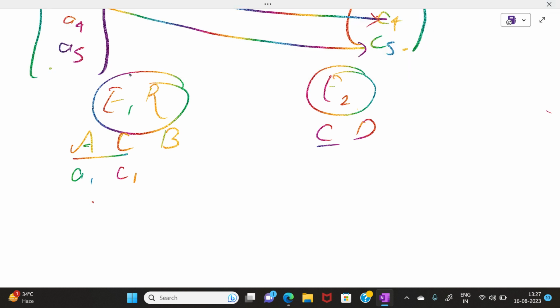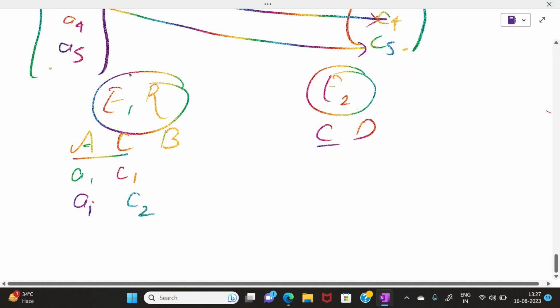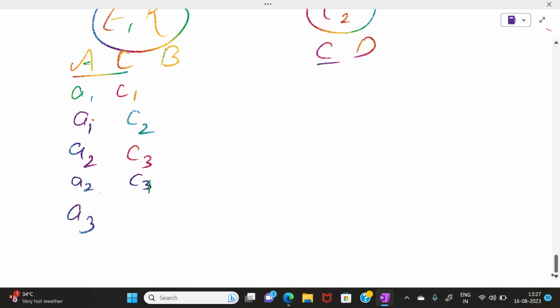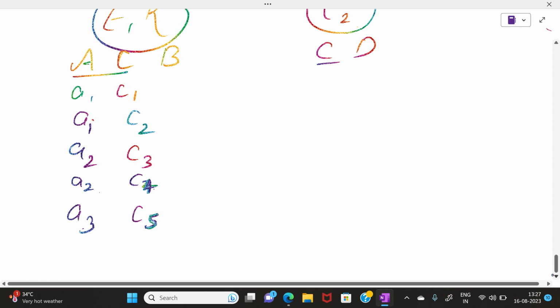So A1 is mapped to C1. Also A1 is mapped to C2. A2 is mapped to C3. Then A2 is mapped to C4, right here. And then we have A3 mapped to C5, okay, this way.